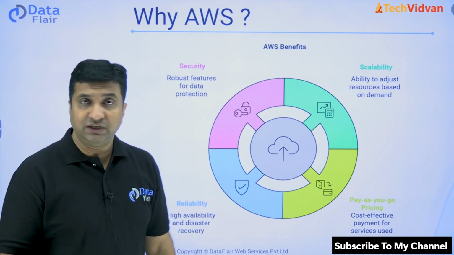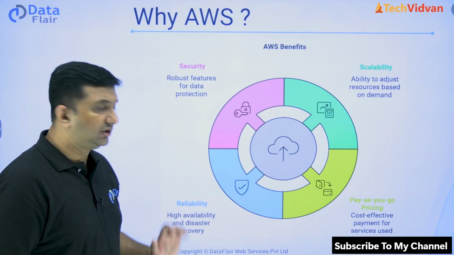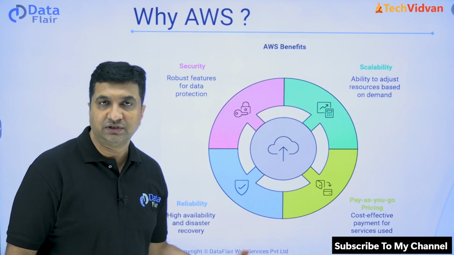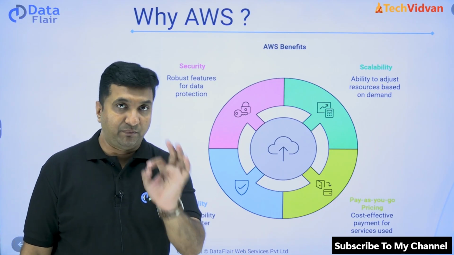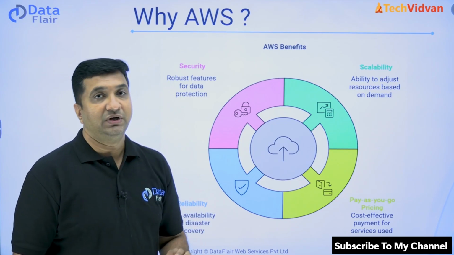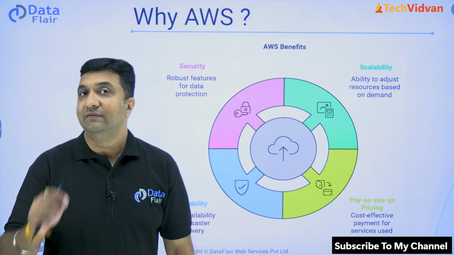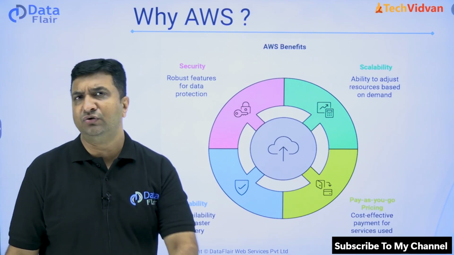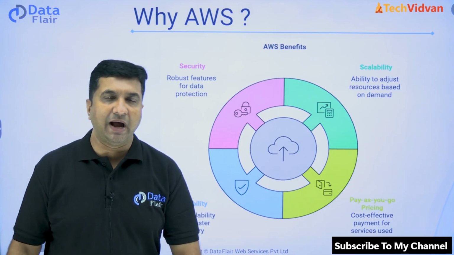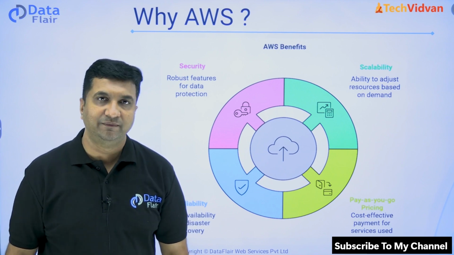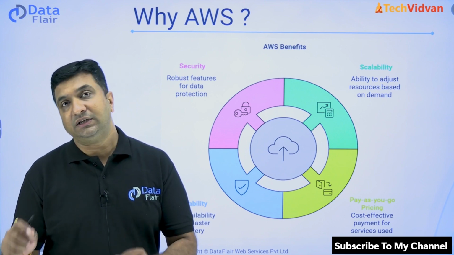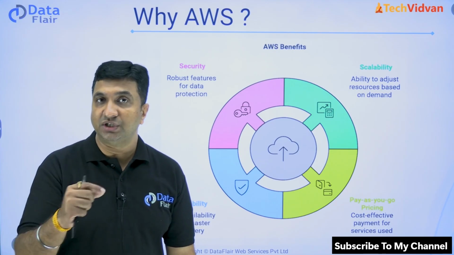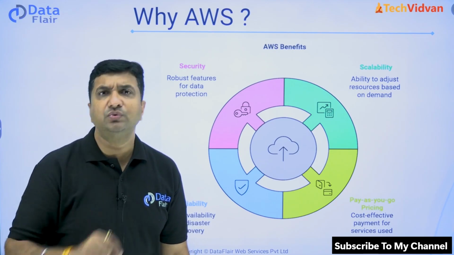AWS provides you a lot of different solutions with the help of which you can ensure that your application and data is available all the time whenever it is needed. And it can also have very robust disaster recovery, backup, replication solutions for the organizations where we have mission critical data. They don't want to lose their data.